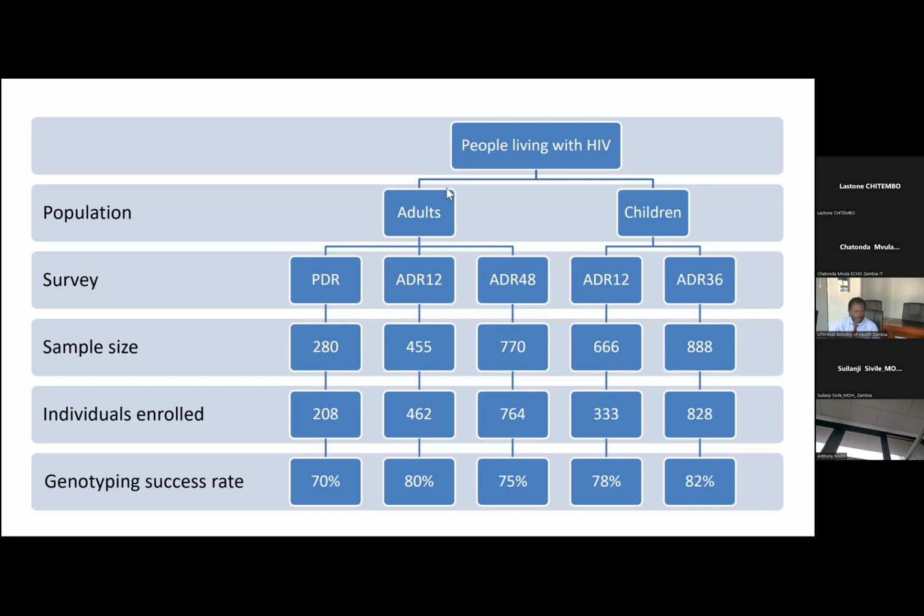I think for me, the early warning indicators, as explained by Dr. Sivile, are something that we must make sure that we implement and keep an eye on, because that's what is going to help us avoid HIV drug resistance or make us succeed.